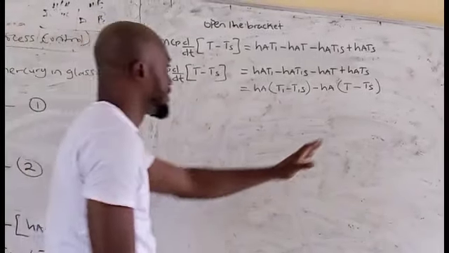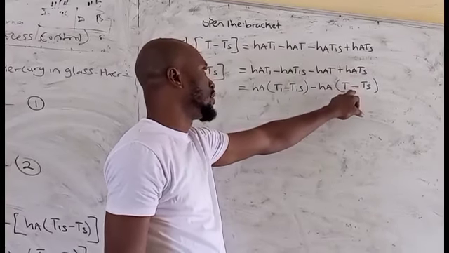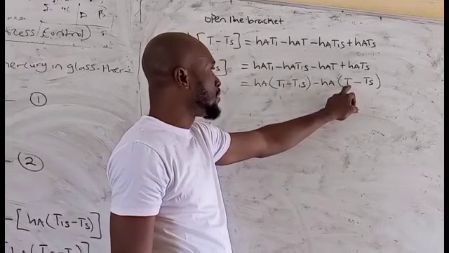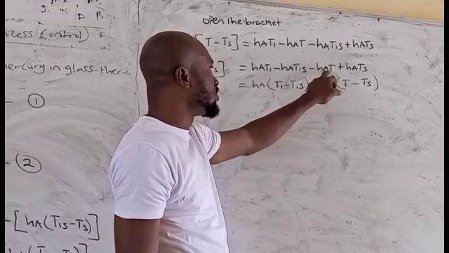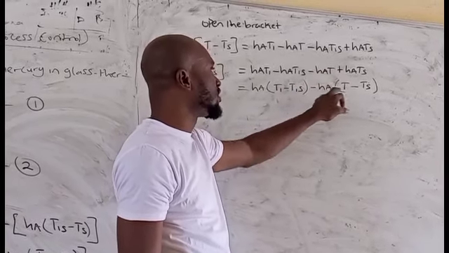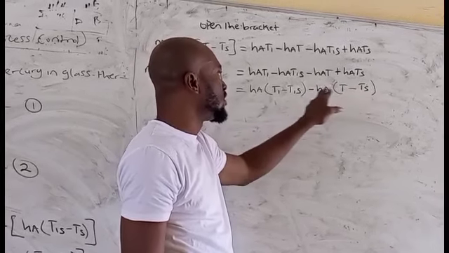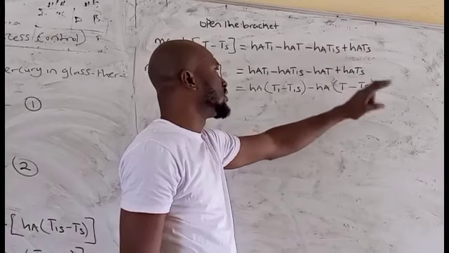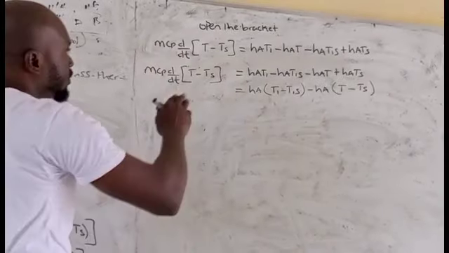If you are forming a bracket now, this plus now changes to minus. Because if you use this minus HA and multiply by T, you are going to have minus HAT. So if you have minus HA times minus Ts, this minus will change to plus here. So you're going to have HATs plus HAT.